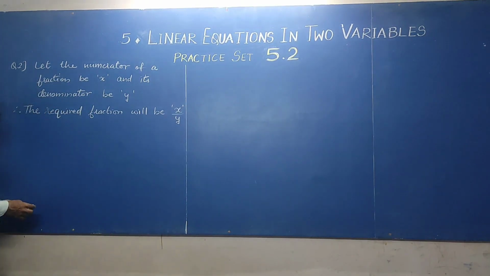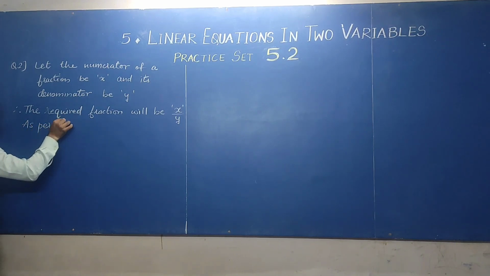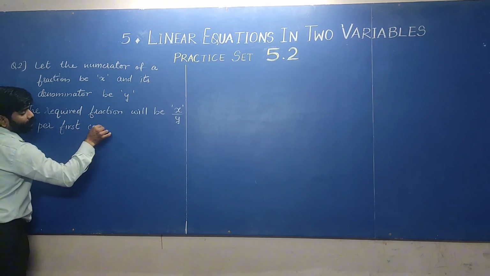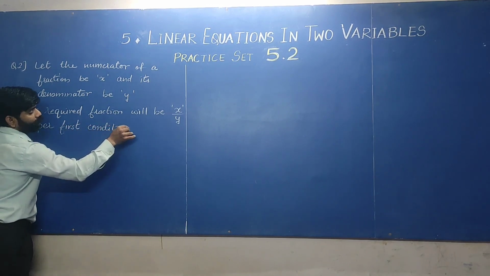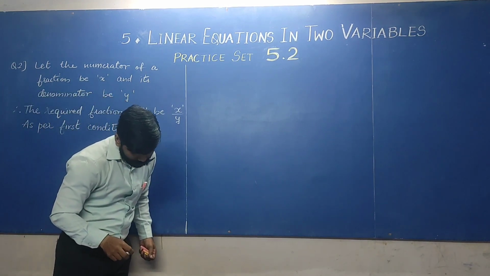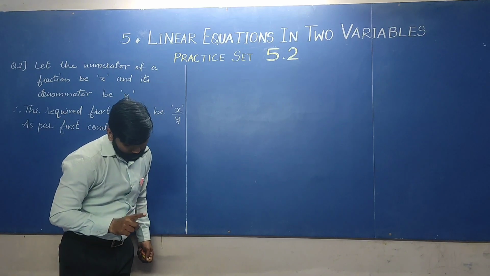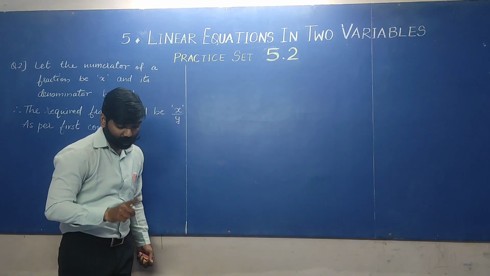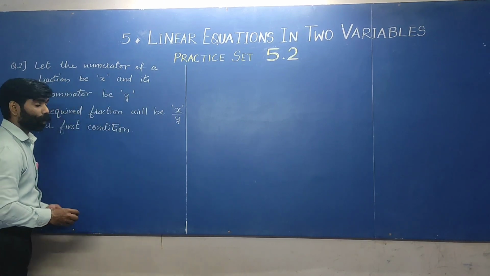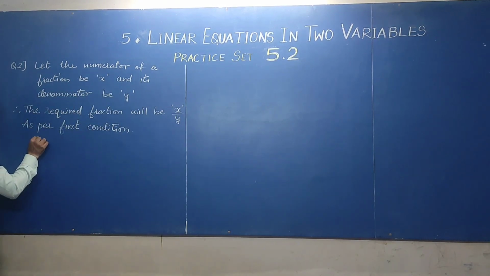Let's see according to the first condition. What is the condition given, students? We need to deal with it. The first condition says the denominator of a fraction is 1 less than twice its numerator.